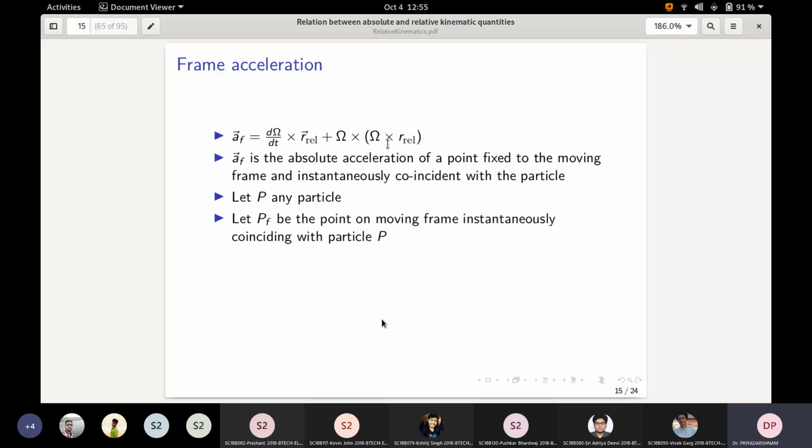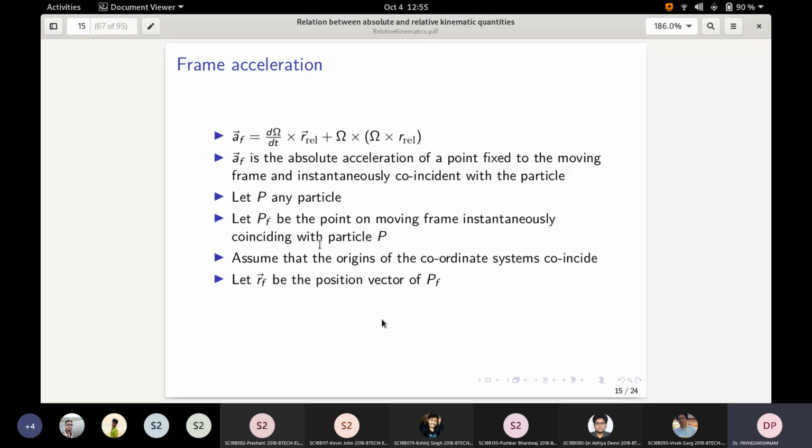So if P is any particle and PF is the point on the moving frame at any particular instant coinciding with the particle, and assuming that the origins of these coordinate systems coincide, let RF be the position vector of this particle at PF, and omega be the angular rate of the moving frame. What we are assuming is that it is coinciding with the particle at a particular instant of time, and this point PF is fixed to the frame.